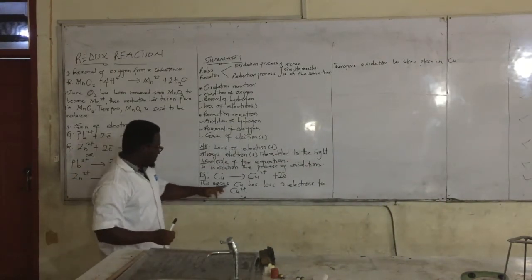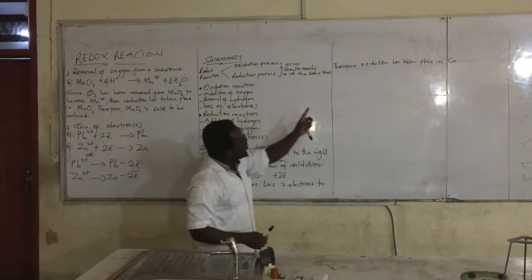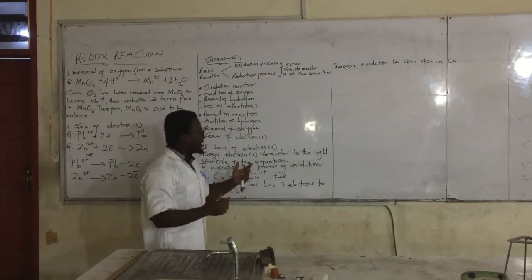This means Cu has lost 2 electrons to become Cu2 plus. Therefore, oxidation has taken place in Cu. So that is what it means.